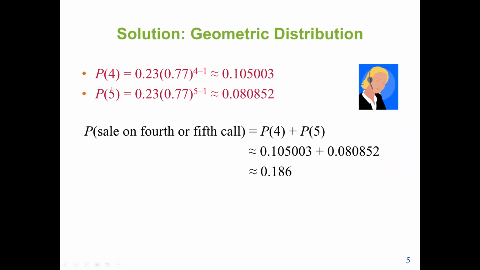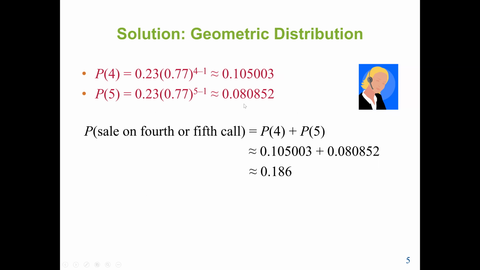So we look for the probability of 4, which will be 0.23 times 0.77 to the power 4 minus 1, because the formula is P times Q to the power X minus 1. Then we also find the probability at 5, the fifth sales call, to be 0.23 times 0.77 to the power 5 minus 1.